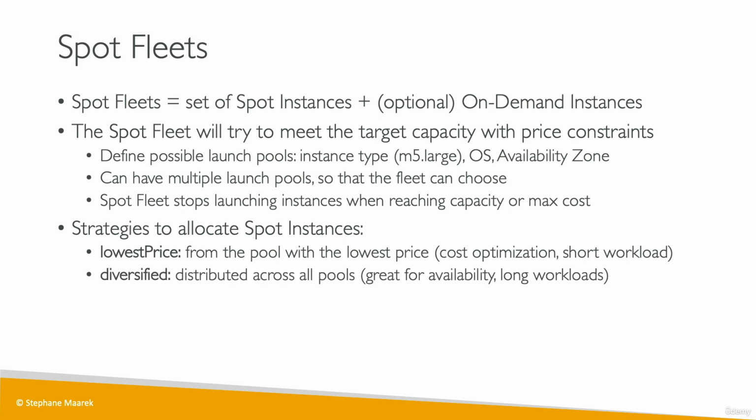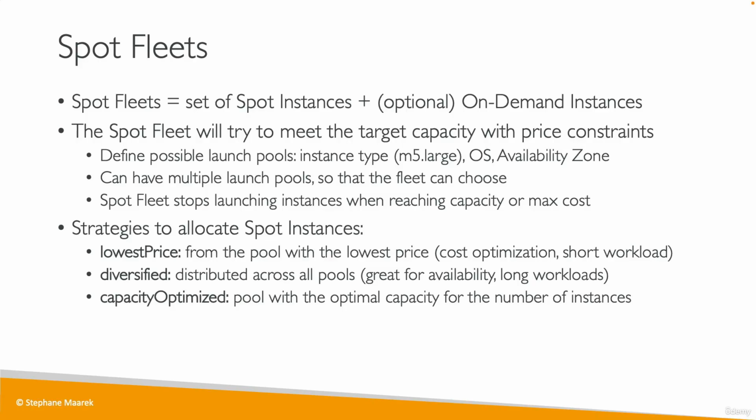You can also have a diversified way to launch your Spot instances, in which case the Spot instances will be distributed across all the pools that you have defined from before, which is great for availability and long workloads, because if one pool goes away, then your other pools are still active.